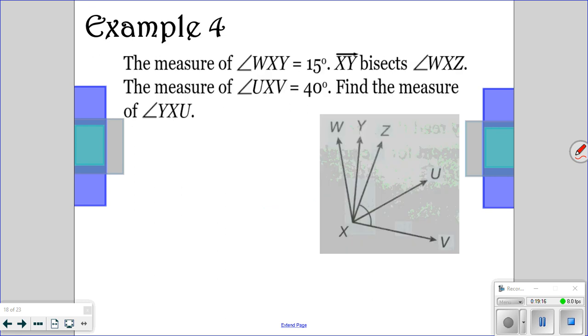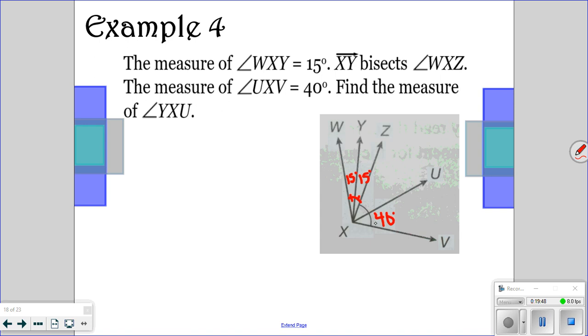Let's look at this example. The measure of angle WXY is 15 degrees. So WXY right here is 15 degrees. And it says that XY bisects WXZ. So that means that these two angles have to be congruent. So if this one's 15, this one over here is 15. And then it tells us the angle UXV is 40 degrees. Well, do y'all see this arc mark here?